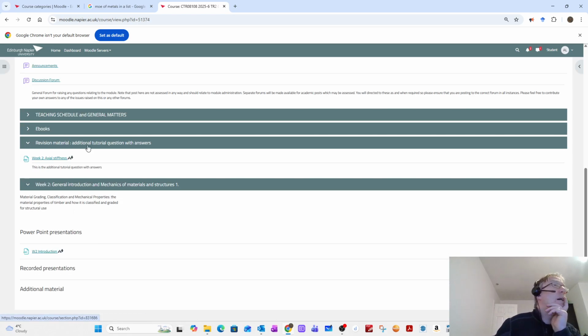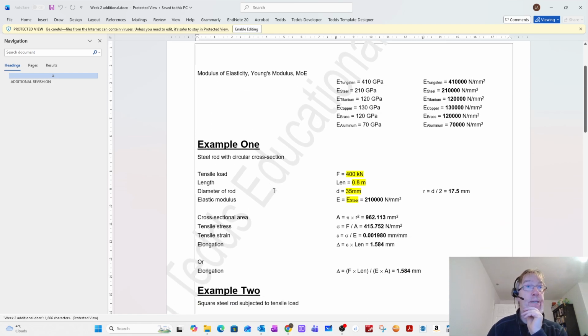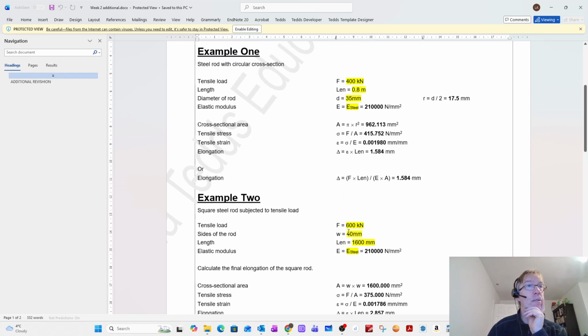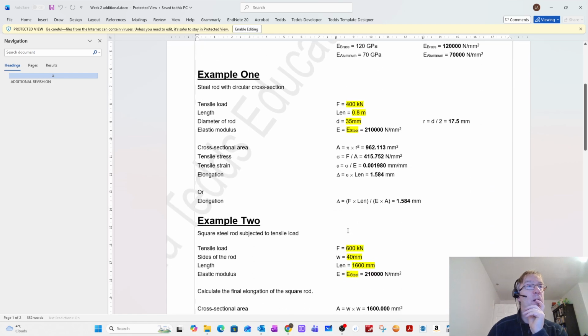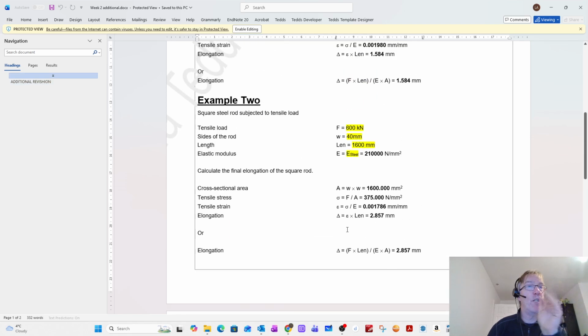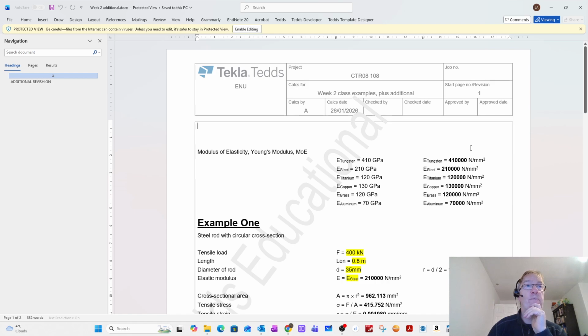Revision material, additional tutorial questions with answers. So you could go into this, load that up, and each week, so there's example number 1 that we just did, then example number 2 that you were about to look at, and then there's a further question down here, which you'll have a look at in your own time and then provide your answers for the following week.